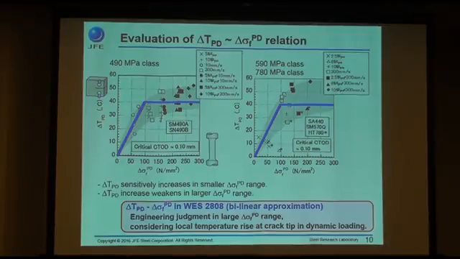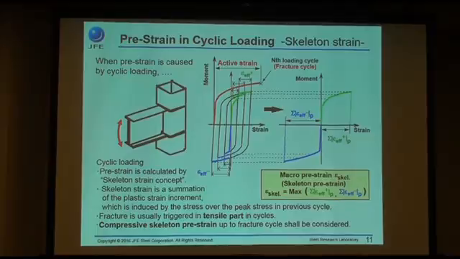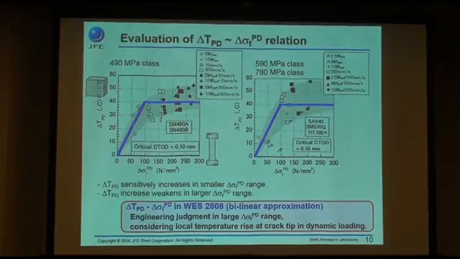But anyway, WES 2808 proposed this blue bilinear approximation from the viewpoint of engineering judgment. But my talk up to here has covered just monotonic prestrain.